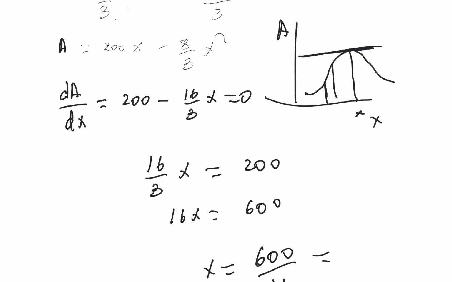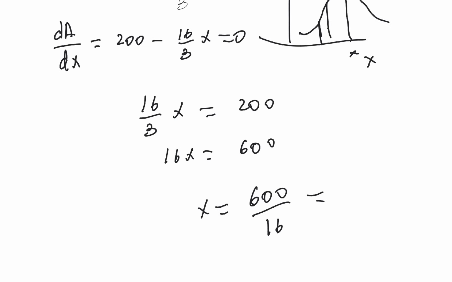The 600 divided by 16, let me take the calculator. What happened here? Just a moment. Okay, 600 divided by 16 is 37.5.